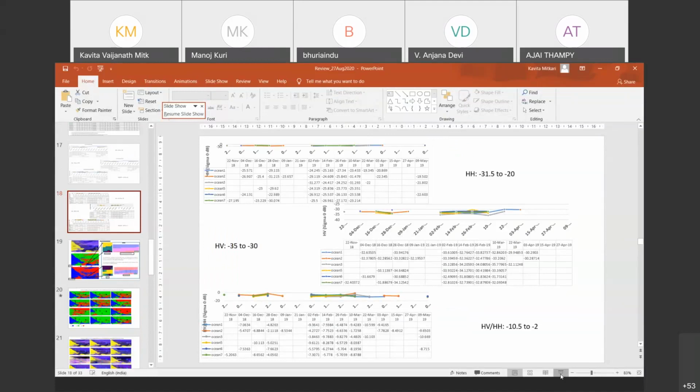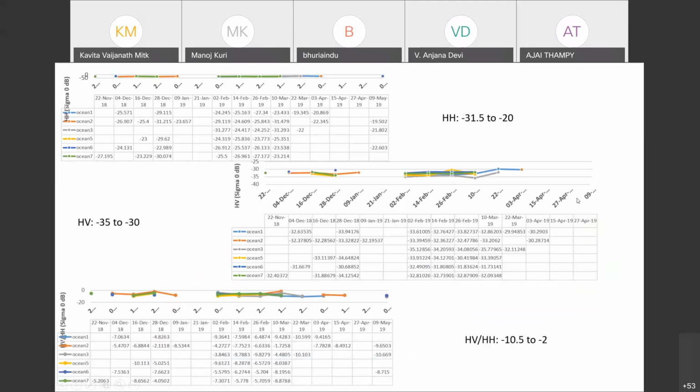So here you can see we have the graphical representations of these backscatter values, and what we did is we collected certain samples of sea ice and the open ocean, of a 3 by 3 window.